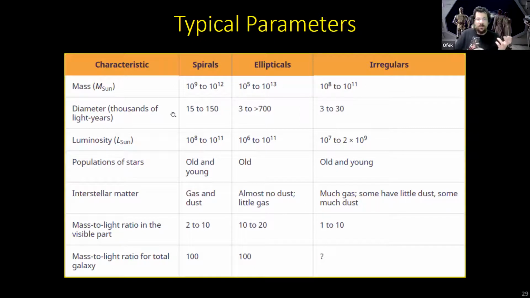Similarly, in diameter, spirals are typically around 1 order of magnitude, from 15 to 150 thousand light years. So basically 5 to 50 kiloparsecs in diameter, while the ellipticals have a much wider range. And similarly for luminosity, the spirals being more narrow and the ellipticals being wider in range of luminosity.